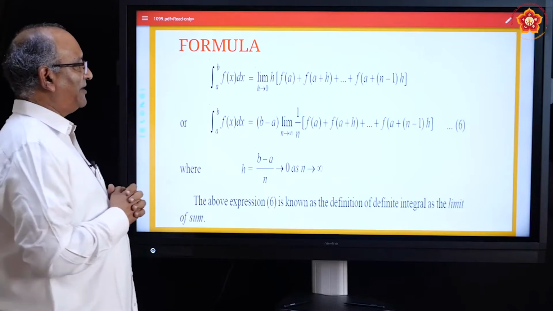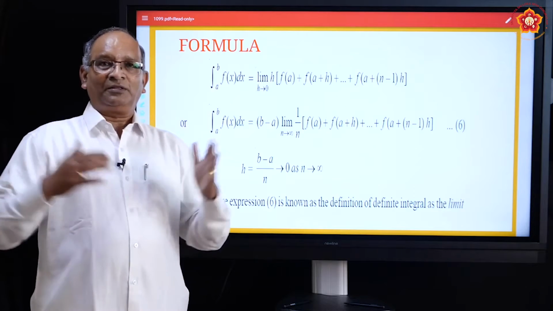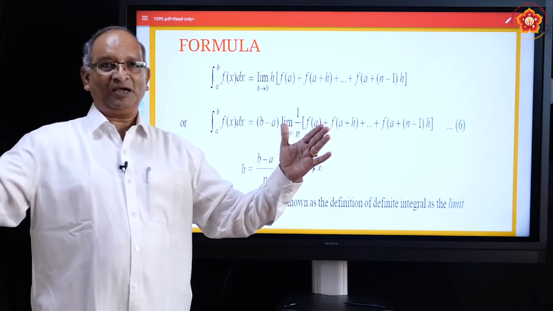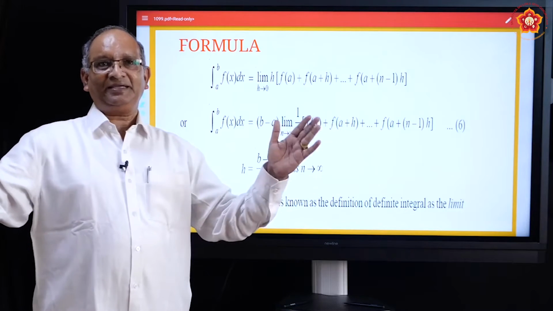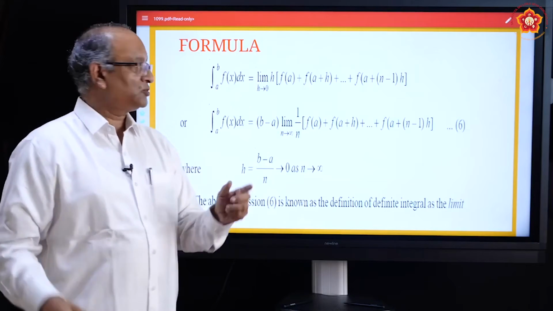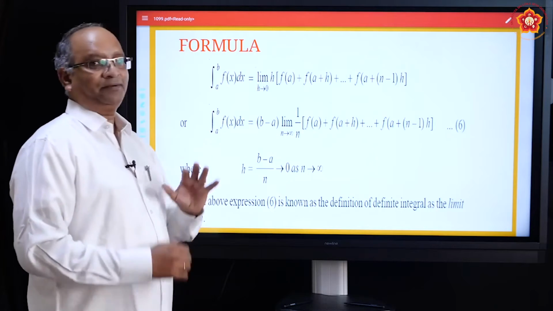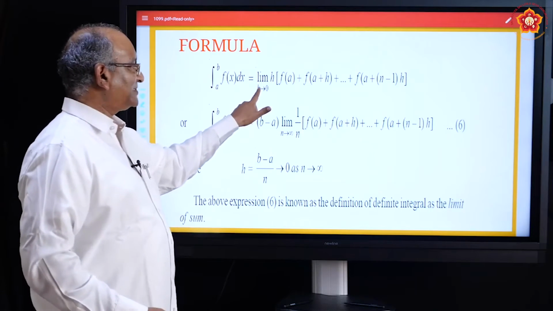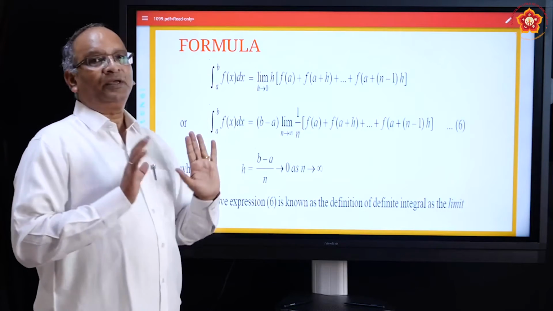How do you substitute the values? This h, what is this h? We said it is the width. What was the total width? The upper limit was b, the lower limit is a, so the total is b minus a, divided by n. So this h is substituted by (b minus a) by n. When it was h, it was tending to 0, whereas when you take n, it is tending to infinity.